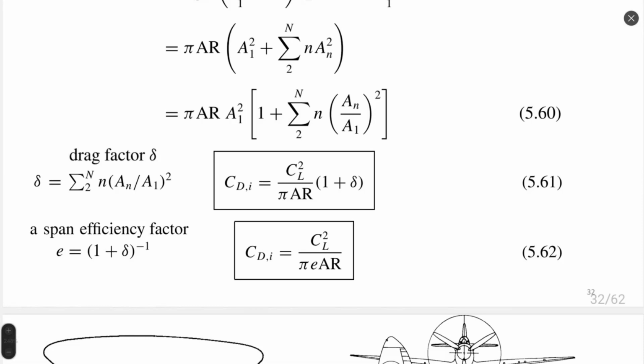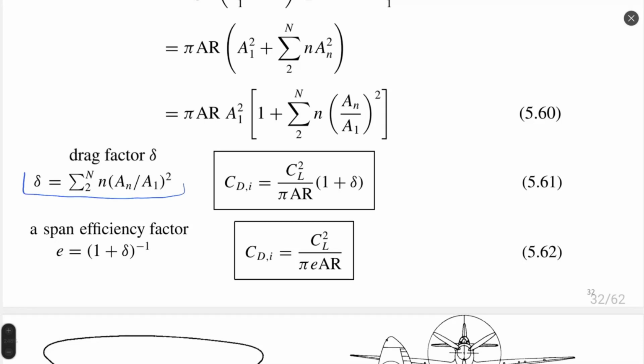The induced drag coefficient would be proportional to the lift coefficient squared, same as we had for the elliptic wing or rectangular wing. It is inversely proportional to aspect ratio, absolutely the same as we had for the elliptic wing. And it should also be multiplied by 1 plus delta, where delta is a drag factor. The drag factor is either obtained experimentally or calculated mathematically according to the equation presented near equation 61.